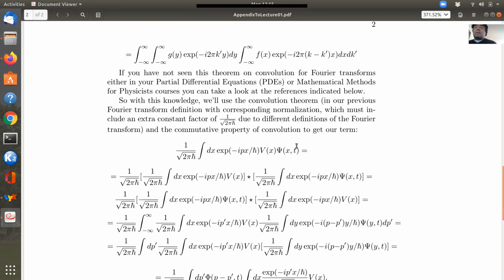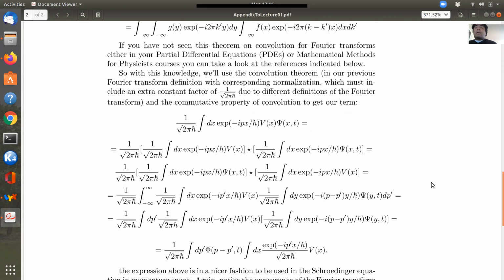Under this different normalization of the definition of the Fourier transform, we need an extra factor of 1 over square root of 2 pi h bar in our convolution theorem for Fourier transforms of products of functions. And here we would have the Fourier transform of B convolved with the Fourier transform of psi.